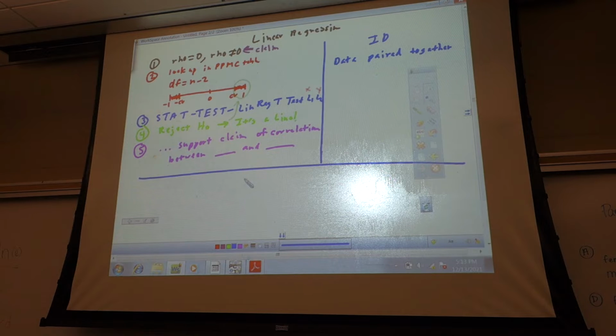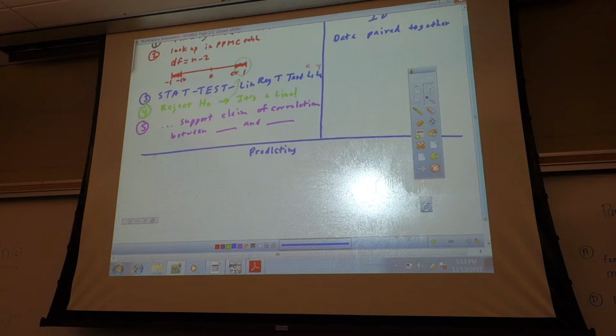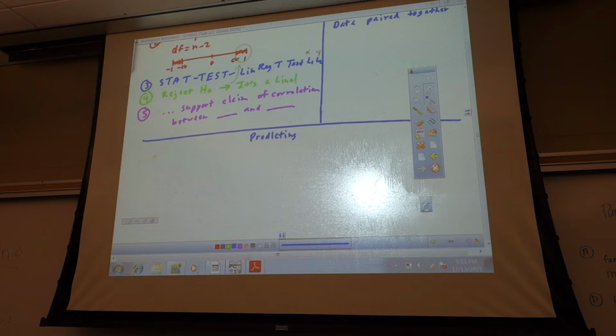What do we call that? Is it estimating? What are we predicting? Predicting, right? Predicting. So you said if we reject H naught, it is a line.